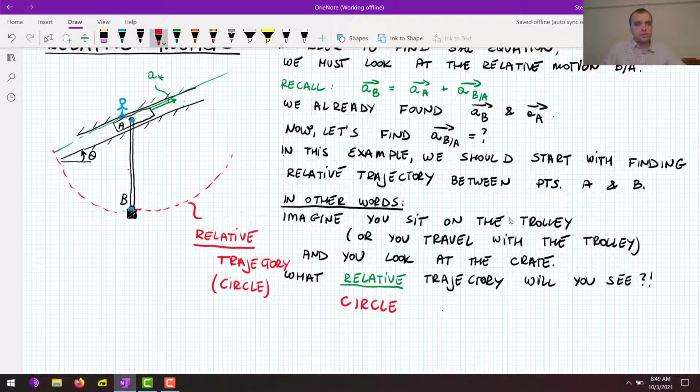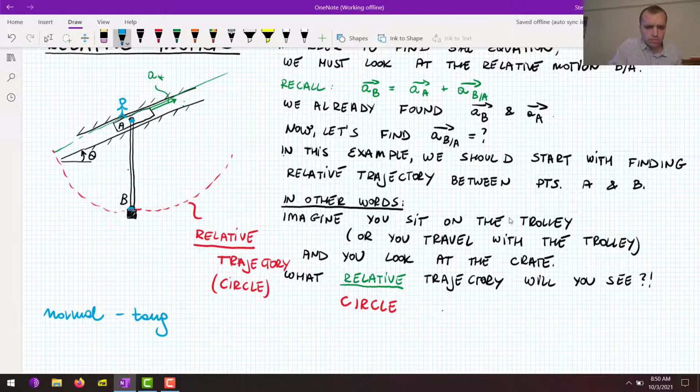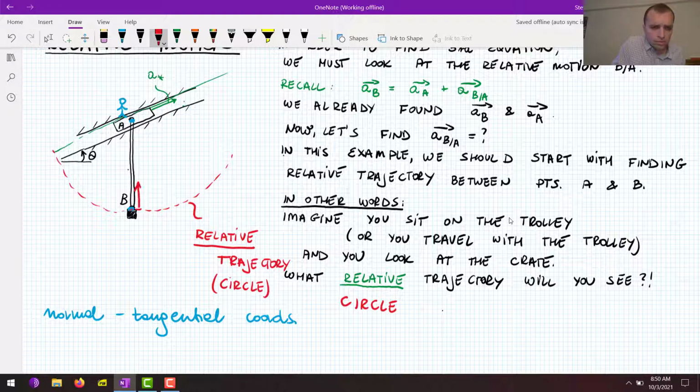All right, so since we know our trajectory, let's try to express that relative motion in one of the curvilinear coordinate systems we learned recently. I would like to propose that we express that motion in the normal-tangential coordinate system. All right, so I will just put in here u_n.